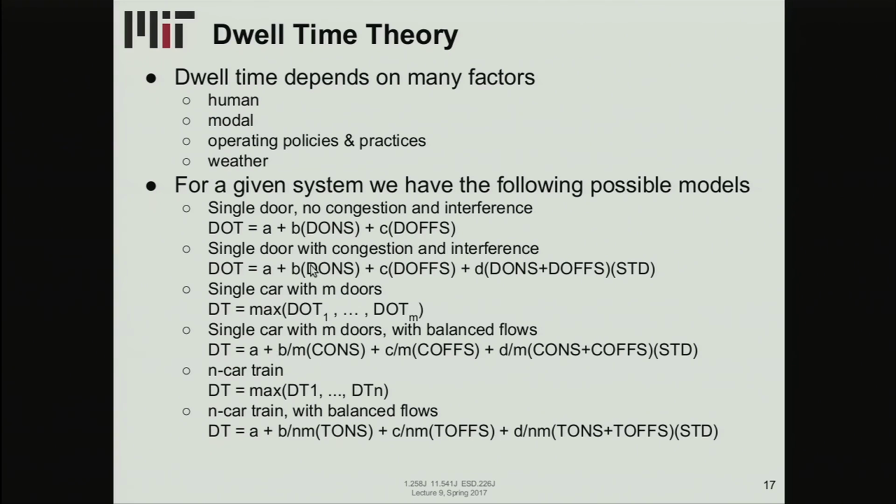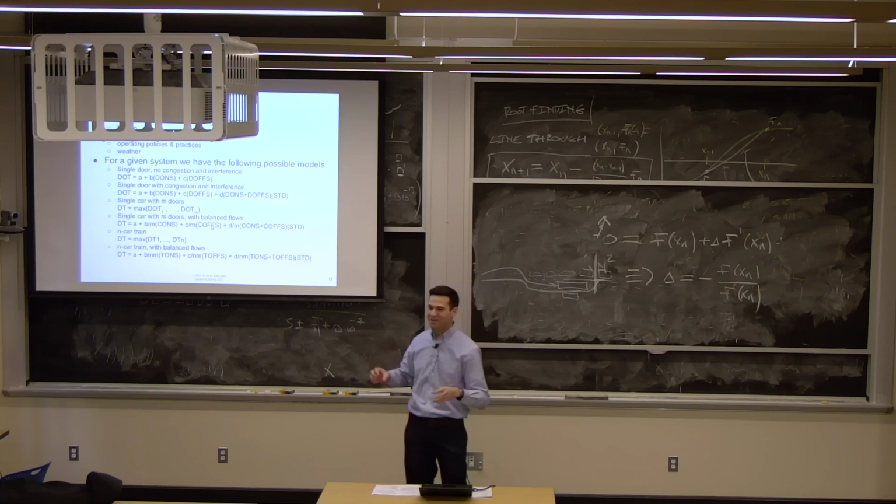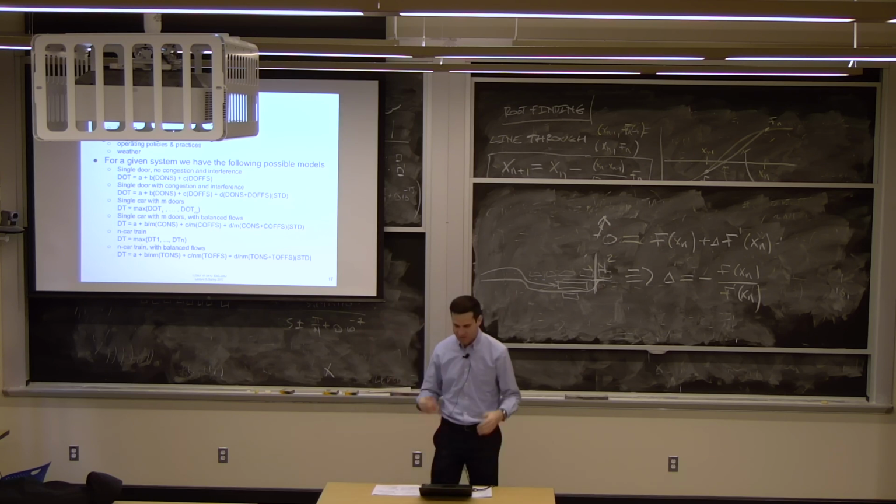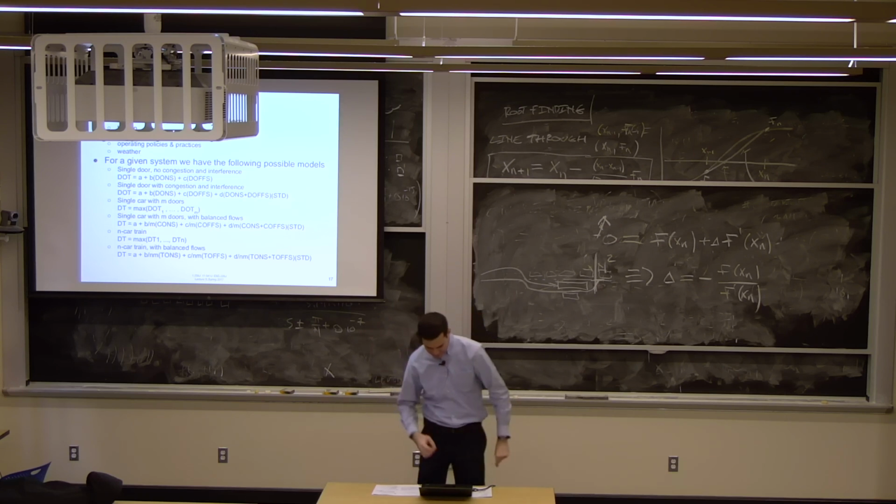So we're back to the previous model, but now we're dividing by n, the number of doors. Because we have maybe many hundreds of passengers, but we have to divide by the number of doors to bring them down to passengers per door. Okay.